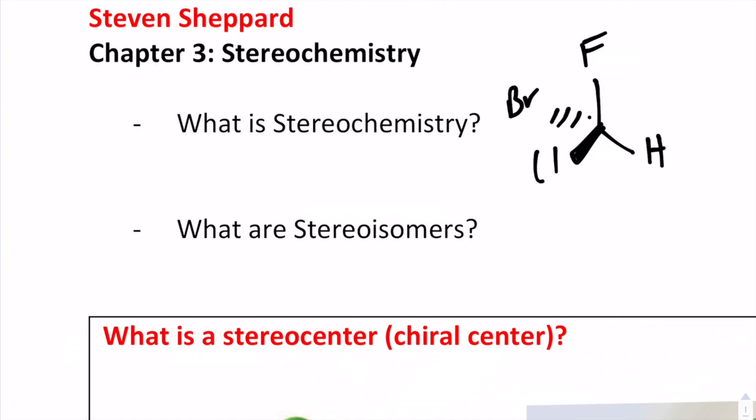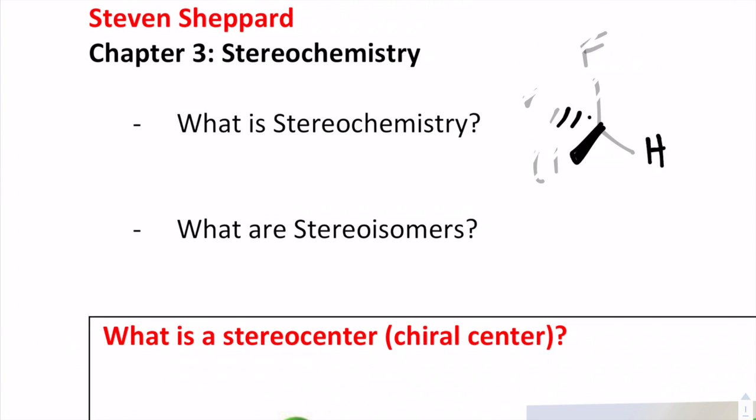And the bromine that's on a dash means that it's going into the page, or through the screen that you're watching this on. So that's a specific type of stereochemistry, or stereocenter, where that chlorine is oriented outward and that bromine is oriented inward. That specific 3D arrangement is what we call stereochemistry.